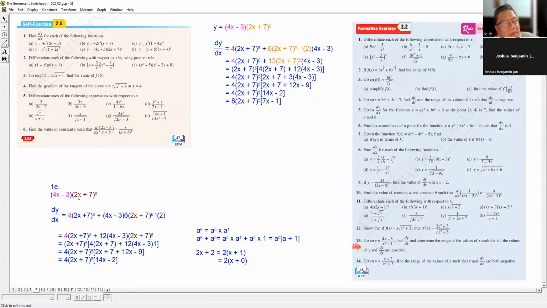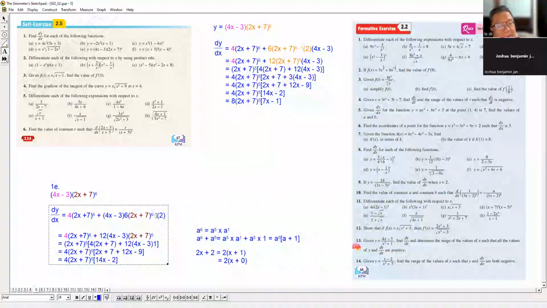Then this brown color, you keep. Then for the pink color, you keep it, and you differentiate the brown color. When you differentiate the brown color, you bring down the 6, then the power here less by 1, so 6 minus 1. Because this is a composite function, you need to differentiate the inside. Differentiate 2x plus 7, you have 2 here.